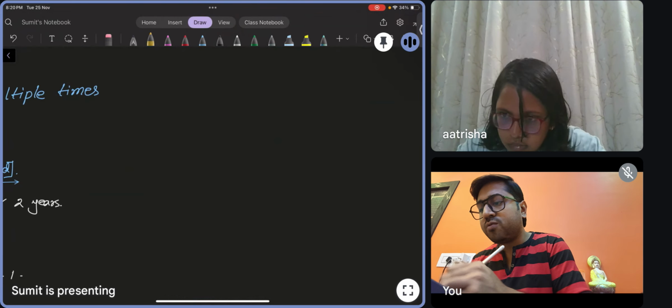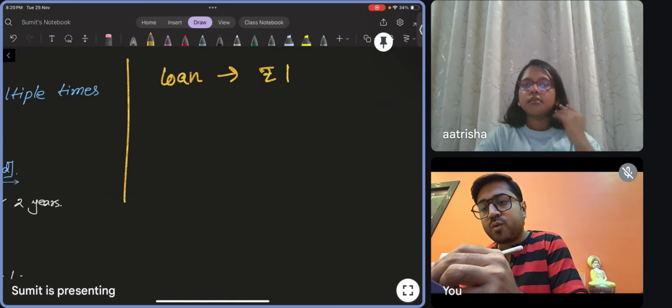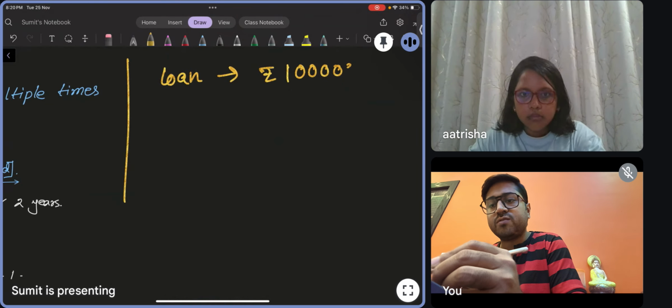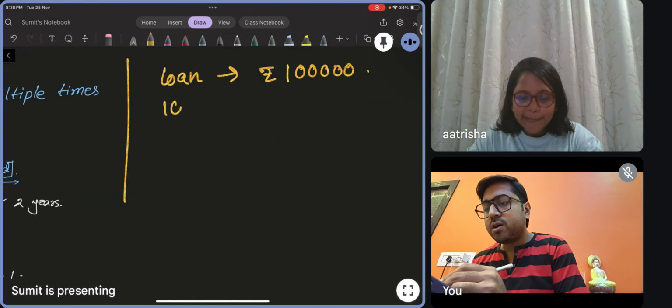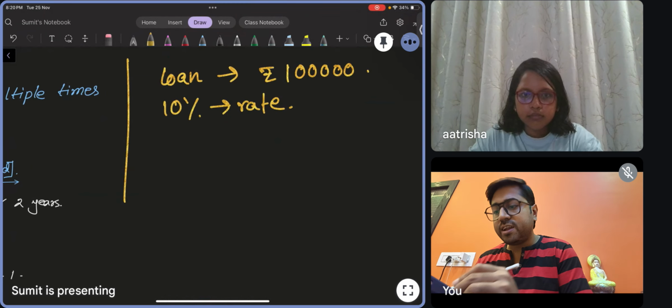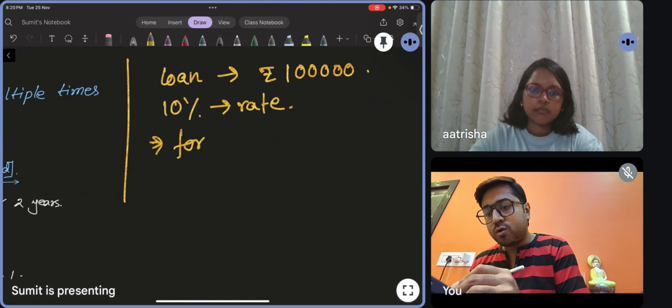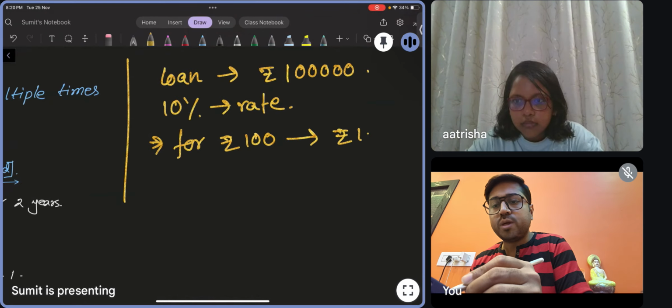You have taken a loan of rupees 1 lakh. 1 lakh means 1, 2, 3, 4, 5, 5 zeros, correct? What I have said, if 10% is the rate of interest, it means for rupees 100, you will pay rupees 10 to me. Clear?